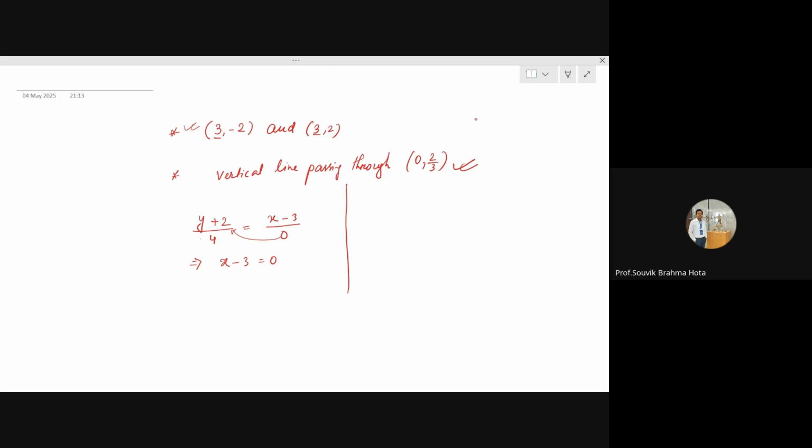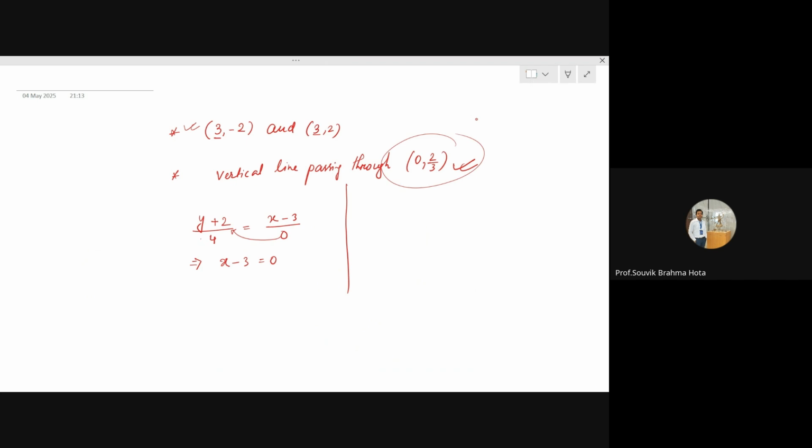This you can write as a note, because many times they give this type of twisty question. Okay? Now go for it. This one. Here it is a very important line.